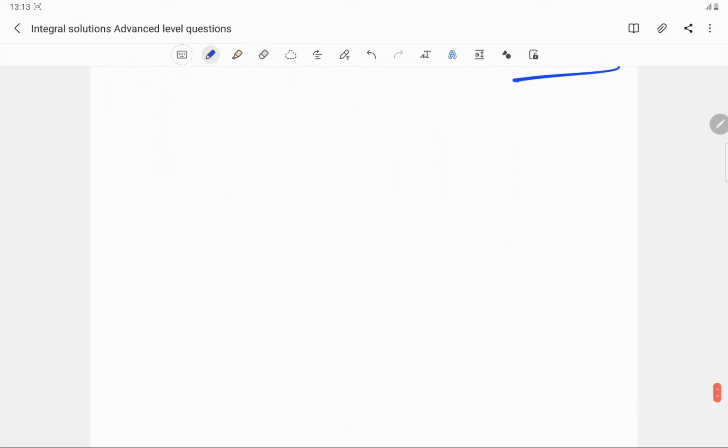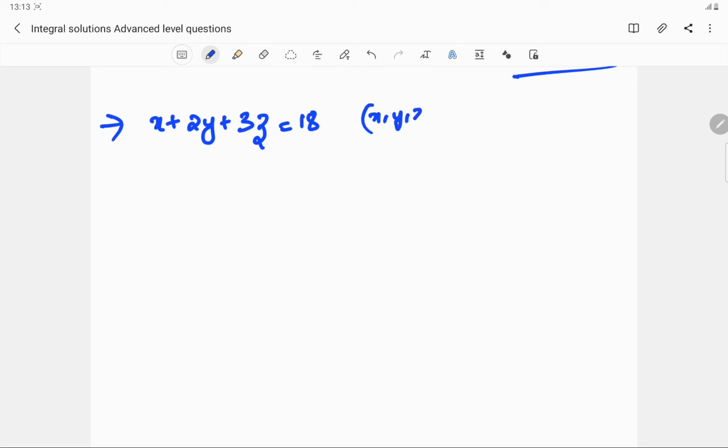Now we'll solve the 3 variable equation question. The given equation is x plus 2y plus 3z is equal to 18. 3 variables are given here, and moreover it is given that x, y, z are greater than or equal to 1. So we are looking at positive integral solutions to this equation.